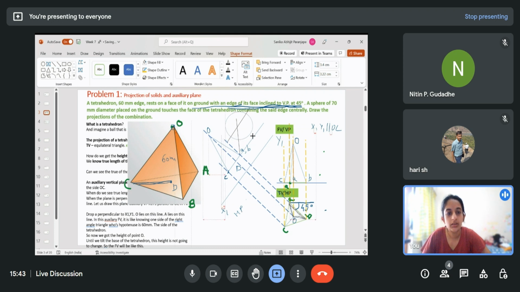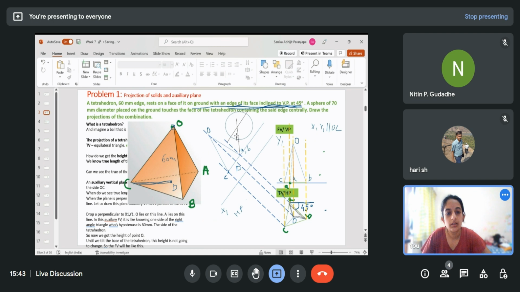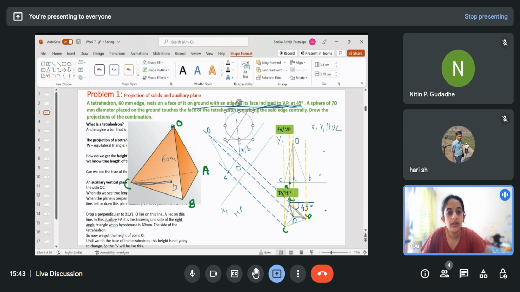draw a circle like this. It is a lot easier to actually draw circles in your original drawings.